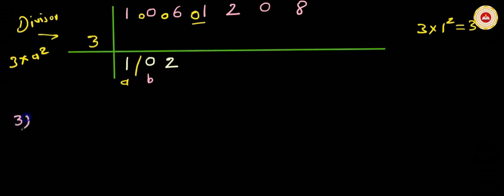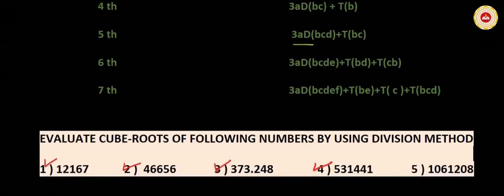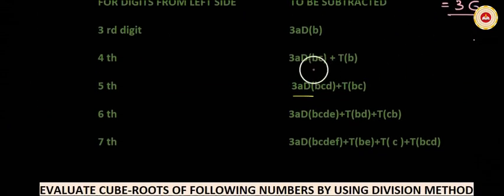Now the third step is, see, this is digit C. Third step is gross dividend 1. See, 0 1 means 1, 1 minus. Now we are going to calculate the fourth digit of the cube root, fourth digit from the left side. Now what is to be subtracted from this gross dividend to calculate the net dividend, especially when we are calculating the fourth digit?